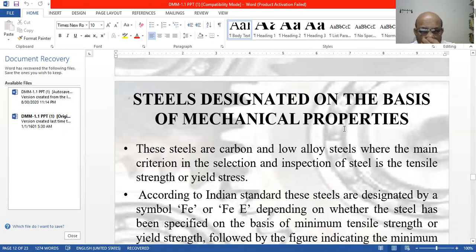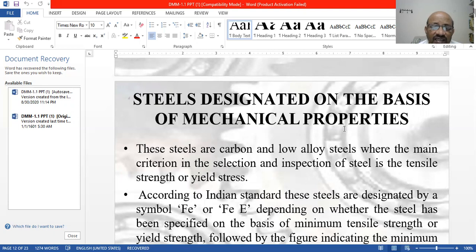We are discussing the designation of steels on the basis of mechanical properties. So generally, what is steel? These are carbon and low alloy steels, where the main criteria in the selection and inspection of steel is tensile strength or yield stress.